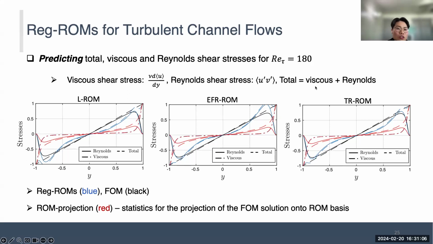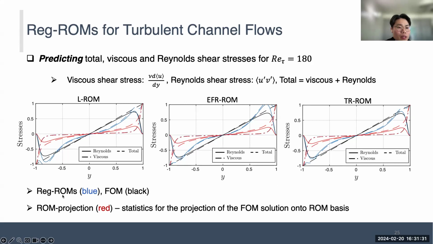And the total stress is just the viscous shear stress plus the Reynolds shear stress. Here I'm showing the Ray ROM, EFR, and time relaxation. The RegROM result is in blue, black is the forward model, and red is the ROM projection.